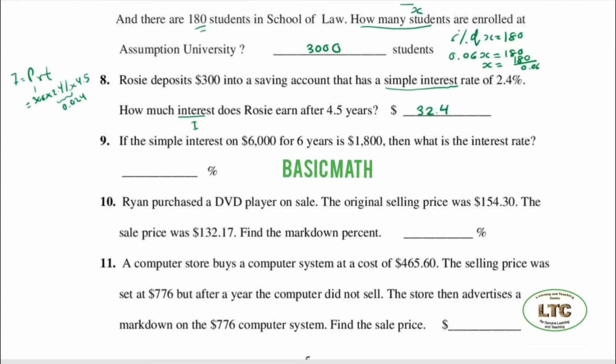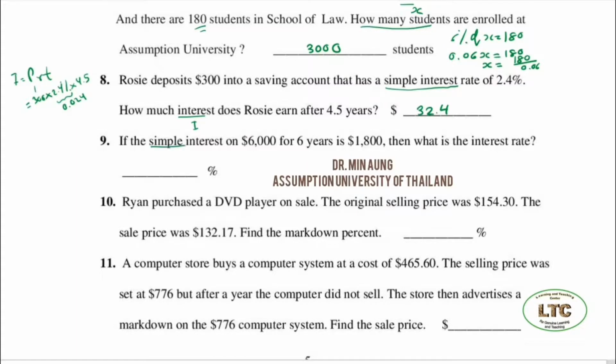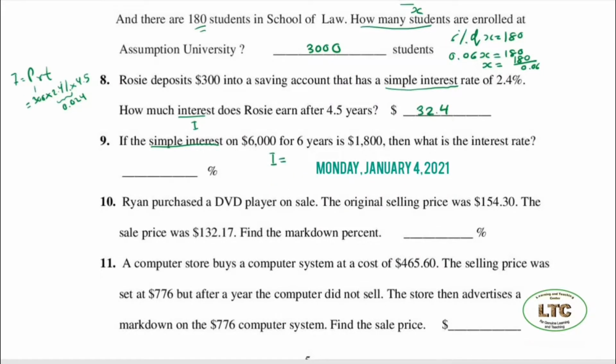9. If the simple interest on $6,000 for 6 years is simple interest, then you think of the equation. Interest is equal to principal times interest rate times number of years. So I is what is the interest rate? R. What is R?